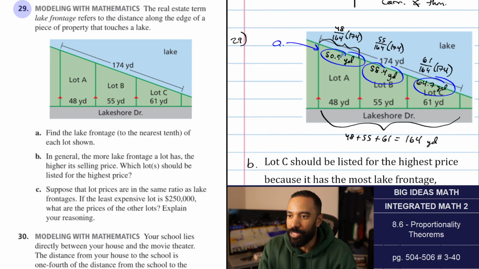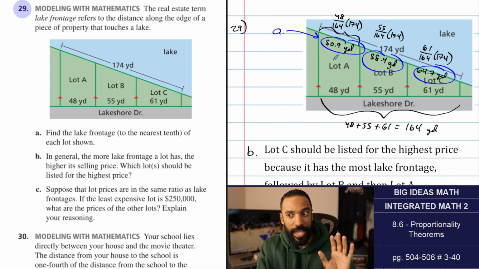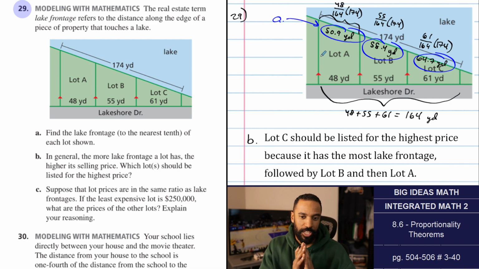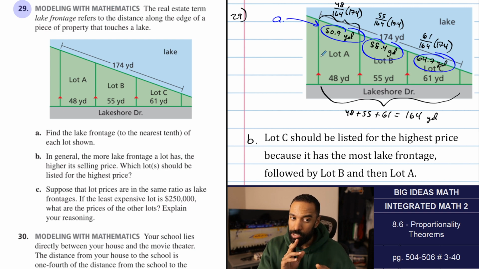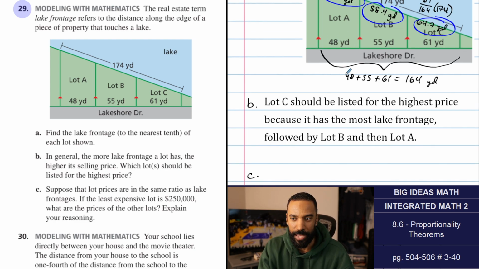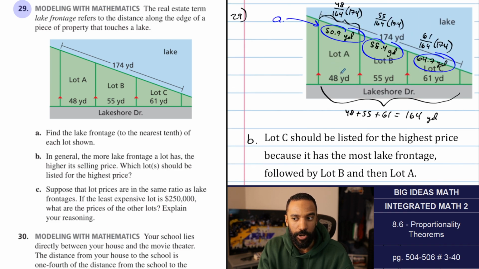So lot A is 50.9 yards, and generally you don't want to use rounded numbers, but I should be allowed to use the 48 because it keeps this proportion in mind. So I'm going to use the 48, the 55, and the 61 for these because they should go in proportion.